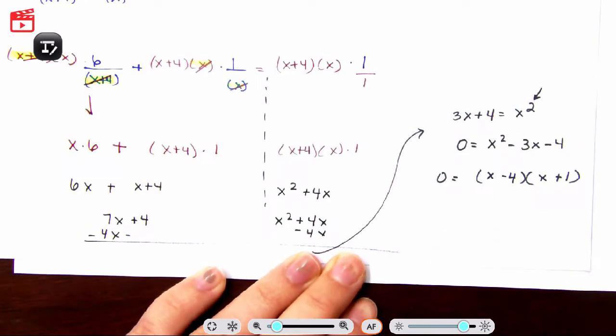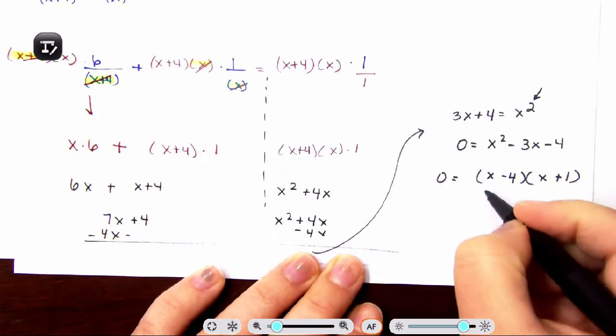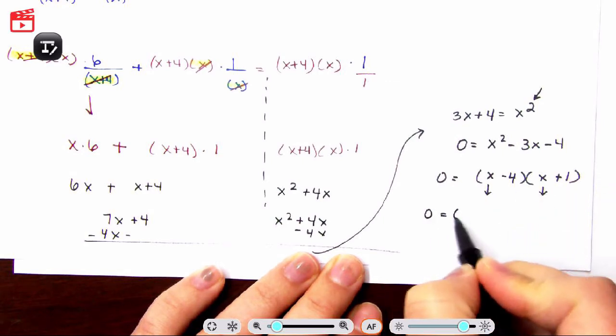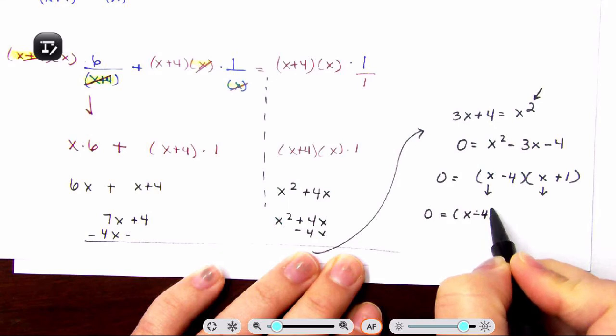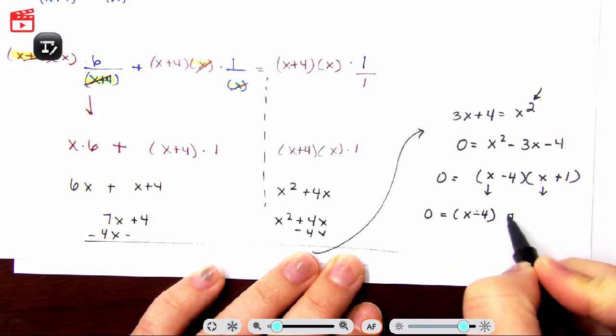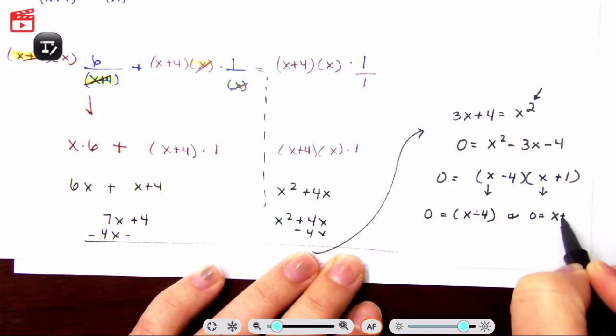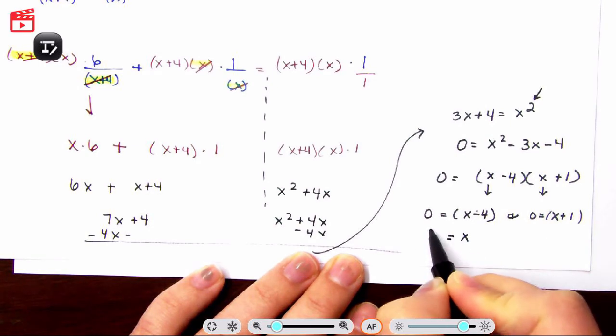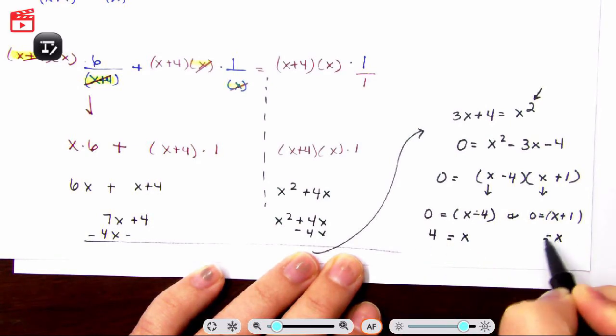So here are my factors. Then I'm going to set these equal to 0. I have 0 is equal to x minus 4, and 0 is equal to x plus 1. So what is x equal to? X equals positive 4 and x equals negative 1.